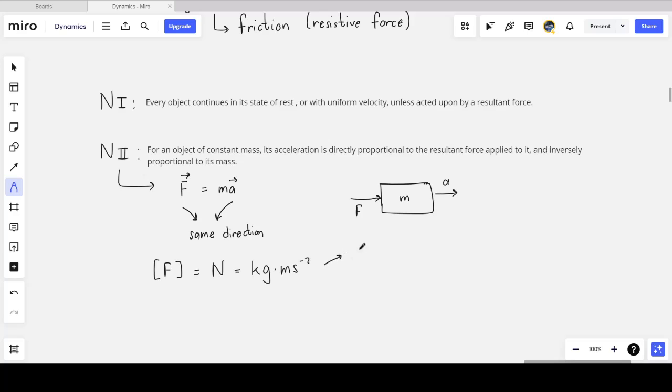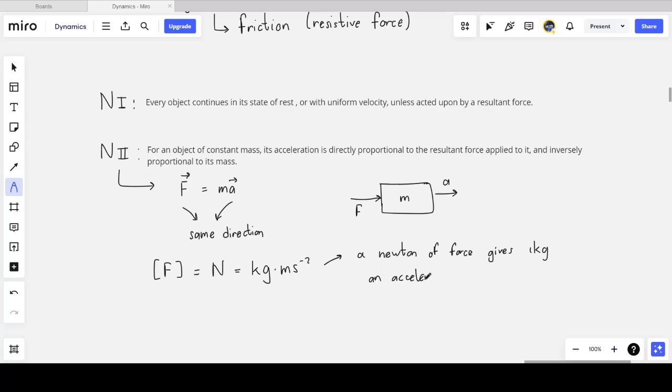What this means is if I push with a Newton of force, then a 1 kg mass gets an acceleration of 1 meter per second squared.